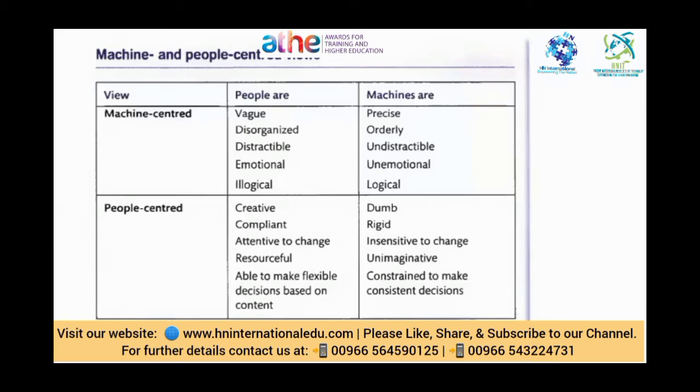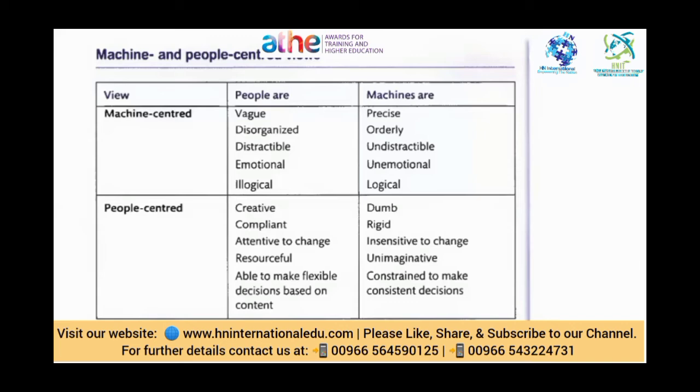Now we have people who are people-centered. Obviously we all live with people, right? So when we have a problem, we come to a creative solution. Then we are also compliant. Compliant means flexibility; obviously we change from situation to situation. Then we are resourceful.